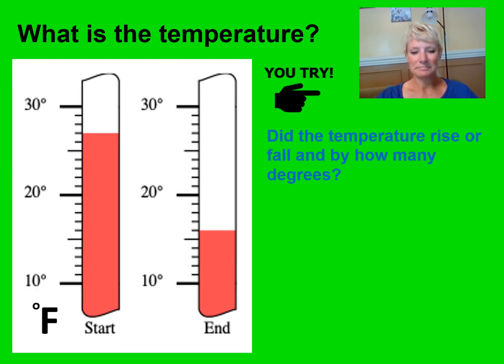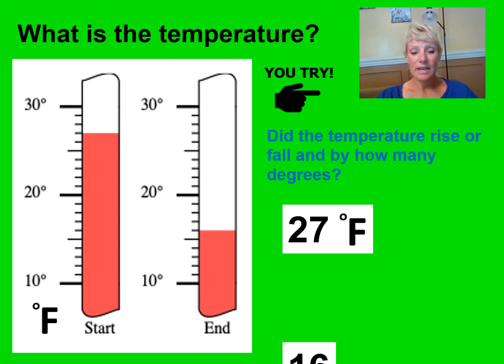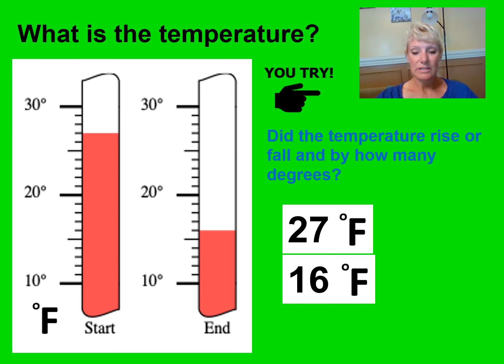Try this one. Okay, I found out that I had 27 degrees and I had 16 degrees, and this was a fall. It got cooler, and it got cooler by 11 degrees.